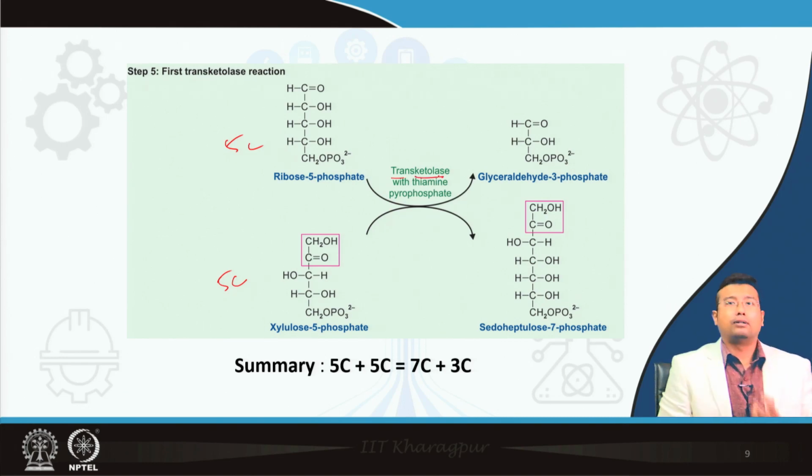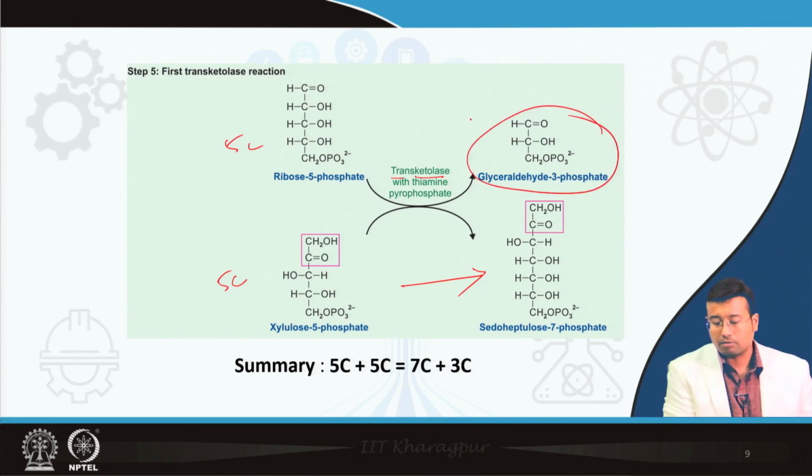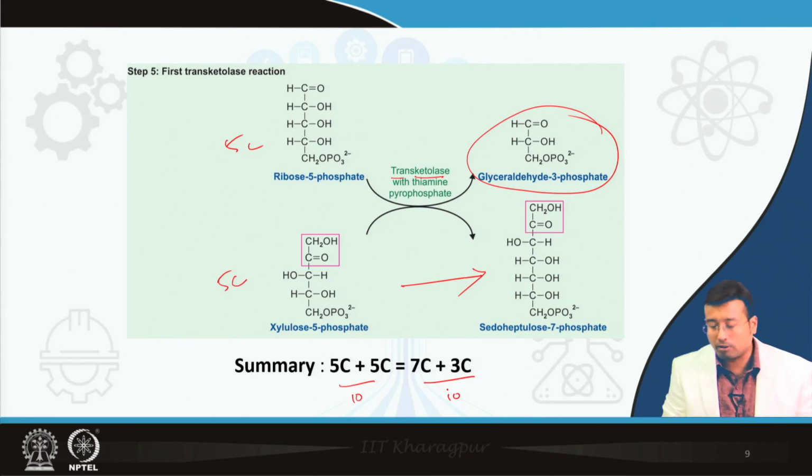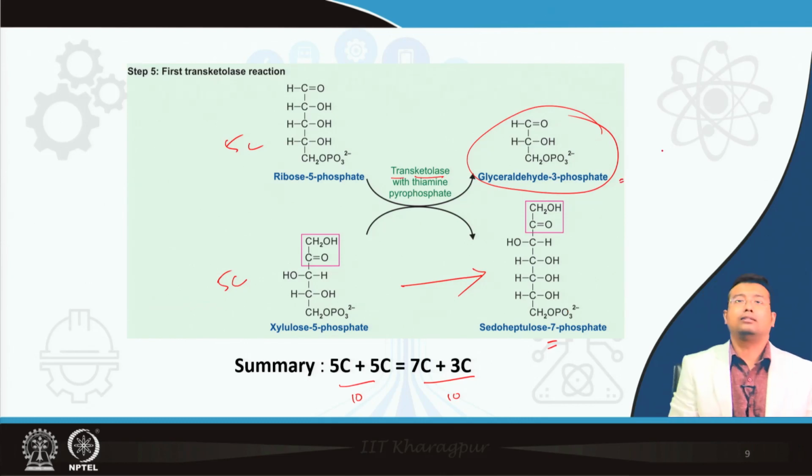A 2 carbon unit is getting shifted from ribulose to xylulose, and it is getting converted to sedoheptulose, and this is converted to glyceraldehyde 3-phosphate. So, the end products, both are 10 carbons. So, 5 plus 5, there is a 2 carbon shift leading to the formation of a 7 carbon compound, that is sedoheptulose 7-phosphate, and a 3 carbon compound glyceraldehyde 3-phosphate.